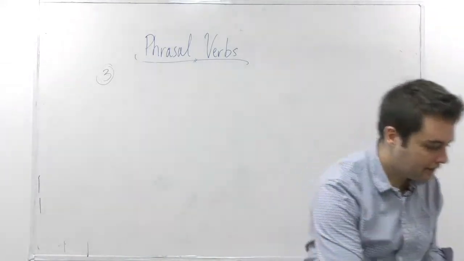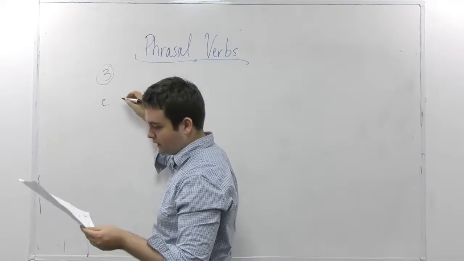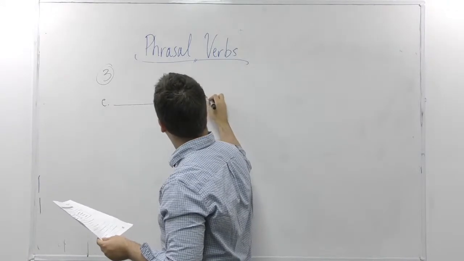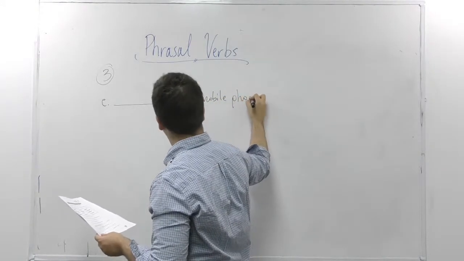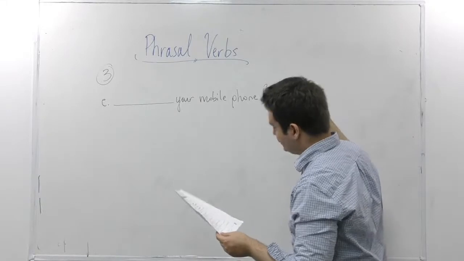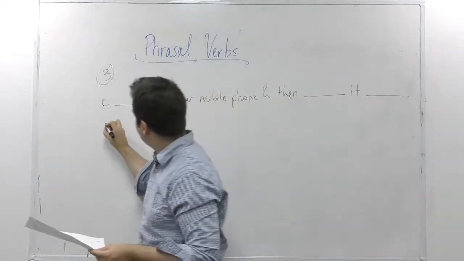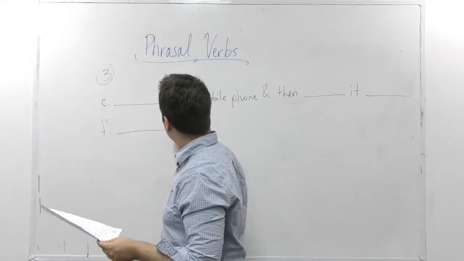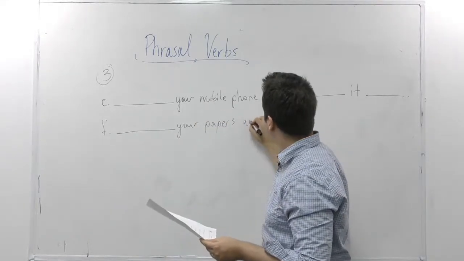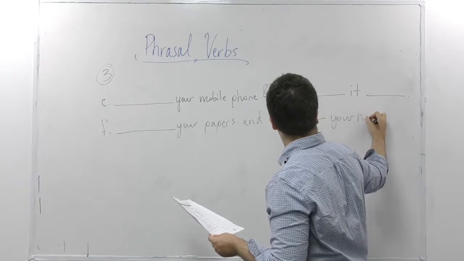Okay, so let's take a look, guys, continuing onwards here with E. We have blank your mobile phone and then blank it blank. F, we've got blank your papers and blank your hand.